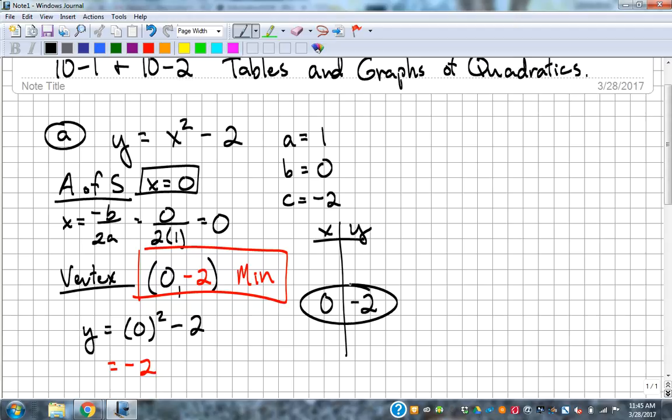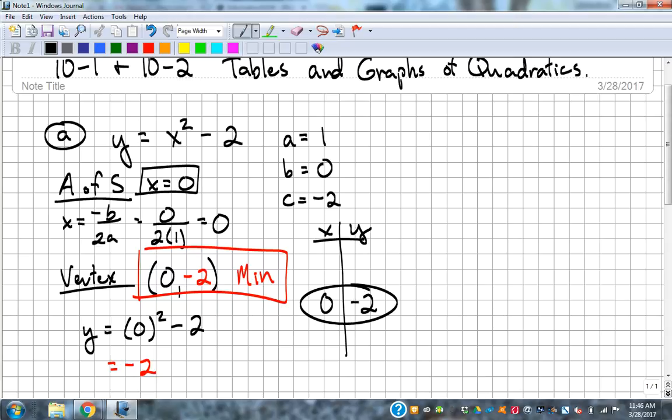Sometimes it's the most important point. Sometimes it's one of 3 very important points for a quadratic. But today it's the important point, okay? The next thing that I want to do is to be symmetric. We're looking at a graph that's going to look something like this. We want to go to the left side of that and then to the right side of that.